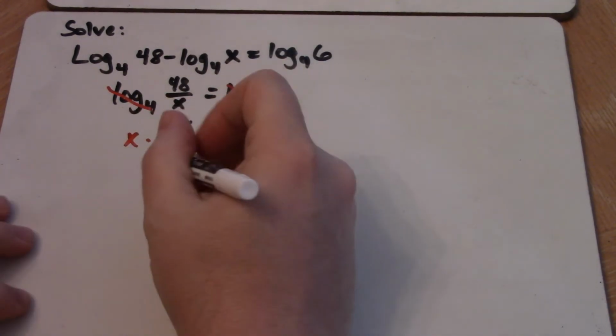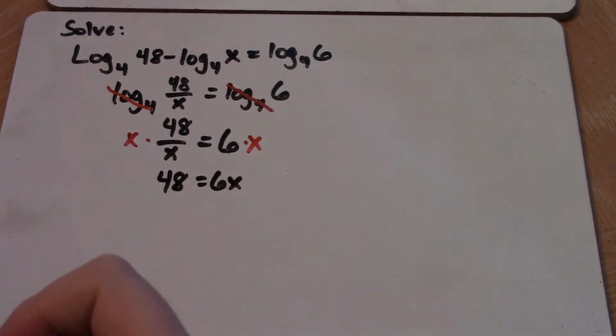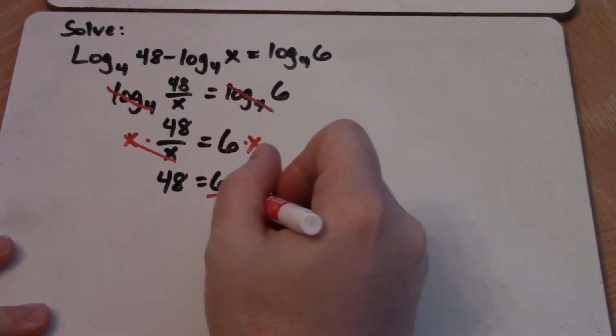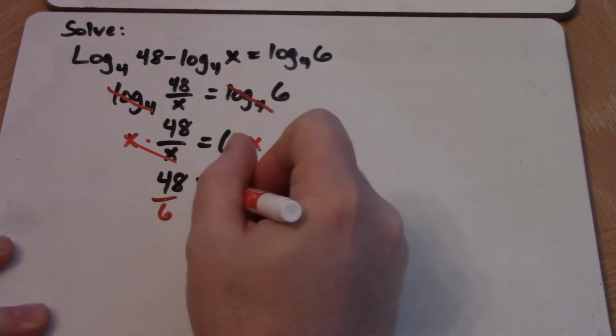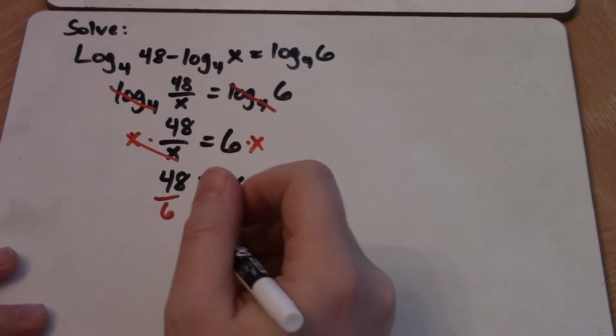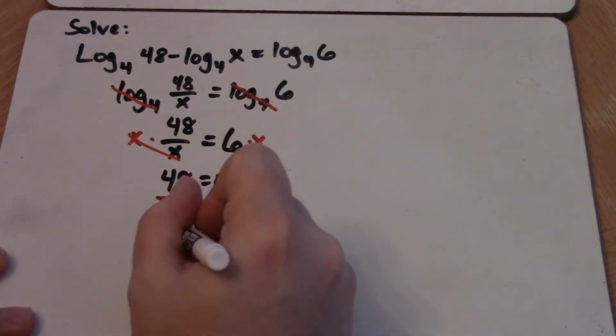which would give us 48 equals 6x, and then we would divide by 6, to give us x equals 8.